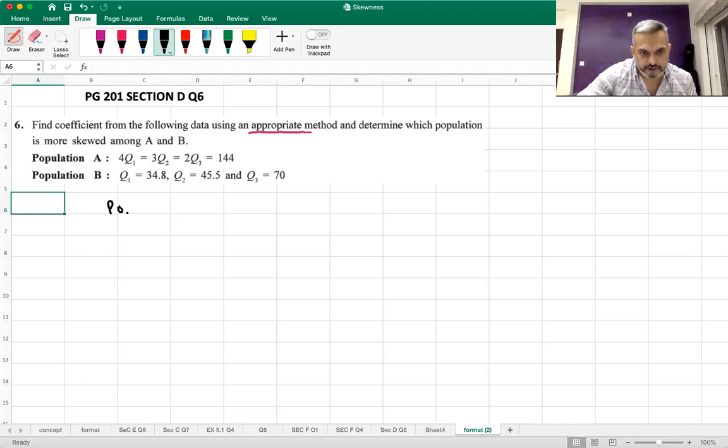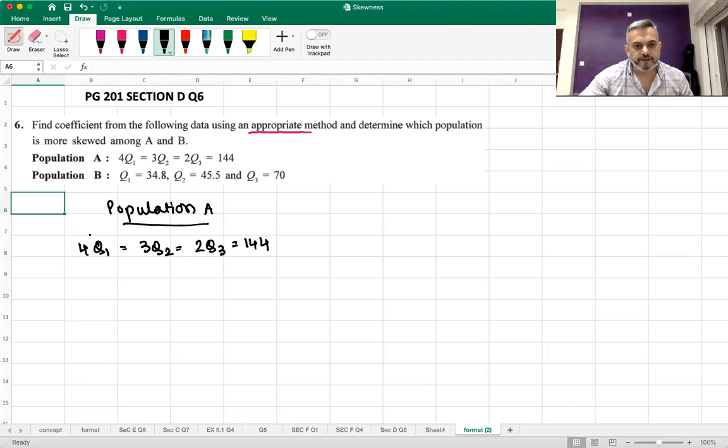So population A. Now 4Q1 is equal to 3Q2 is equal to 2Q3 is equal to 144. It means 4Q1 is equal to 144, 3Q2 is equal to 144, and 2Q3 is also equal to 144.